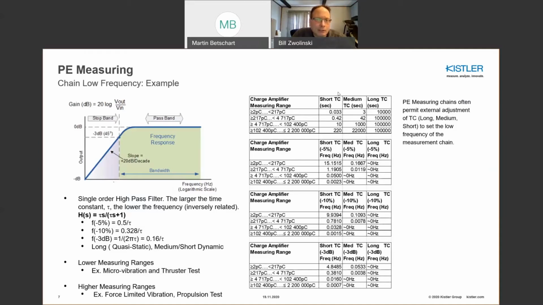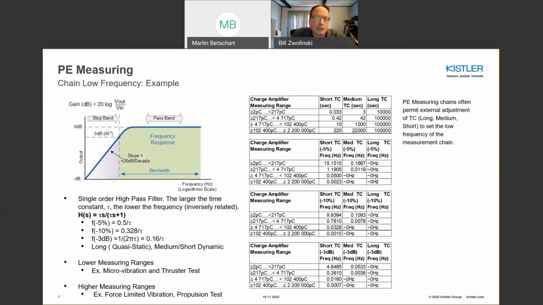What I've done here is taken a typical charge amplifier, which might have certain time constant settings as a function of measuring range. The picocoulomb is a unit of charge, and we're focusing mainly here on the piezoelectric solution. By applying these expressions, we can see that our low frequency could be on the order of 15 hertz, starting at 15 hertz and going up to the highest frequency.